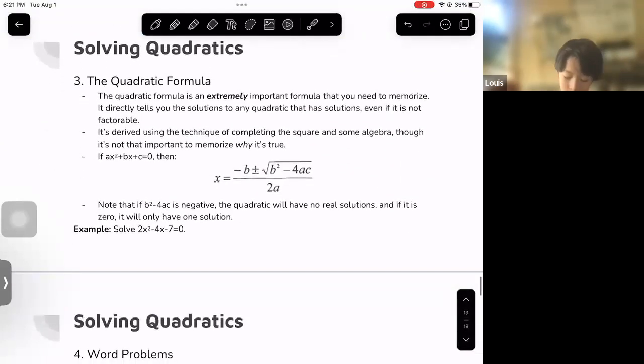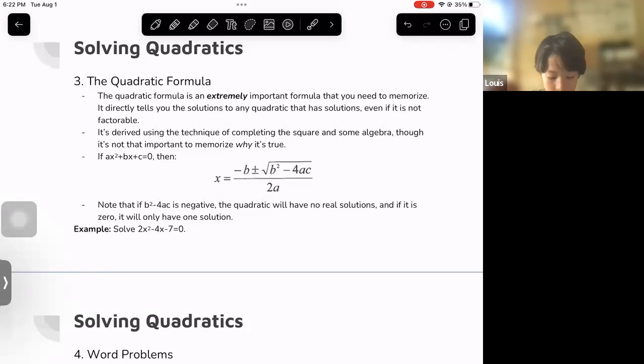We will move on to the quadratic formula. The quadratic formula is an extremely important formula that you need to memorize. We can use the quadratic formula on literally every quadratic to solve it, while factoring will only work on those quadratics that can be factored.